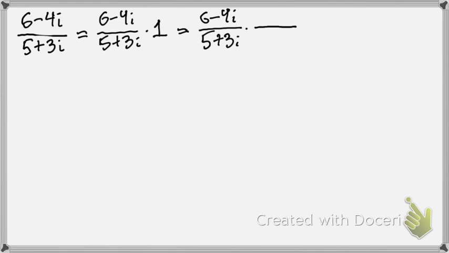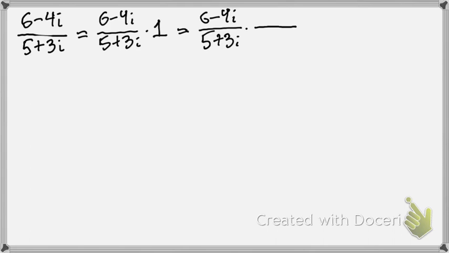So, what we're trying to achieve in this problem is to make the denominator into a real number. We would like to get rid of the imaginary part at the bottom. And the way to do this is to multiply the complex number in the denominator by its so-called conjugate.